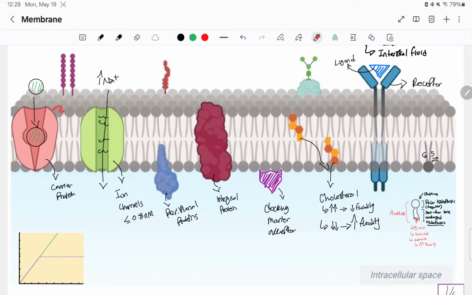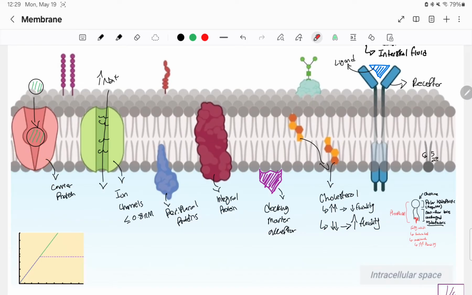So this area of it will now close, and this one will open to the inside of the cell, and then that glucose molecule can go in. This is very different from the ion channels. One, because the carrier protein is bigger, and two, because the carrier protein is changing its shape to facilitate the movement of this molecule inside.